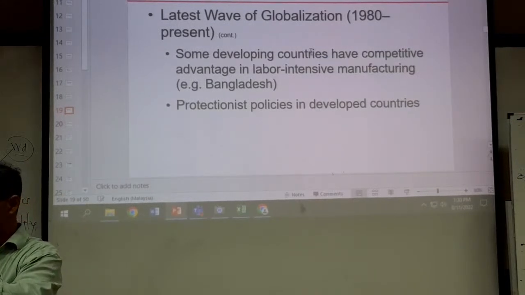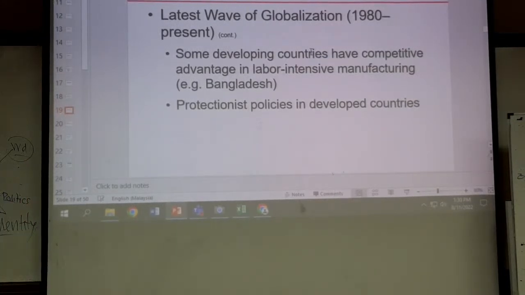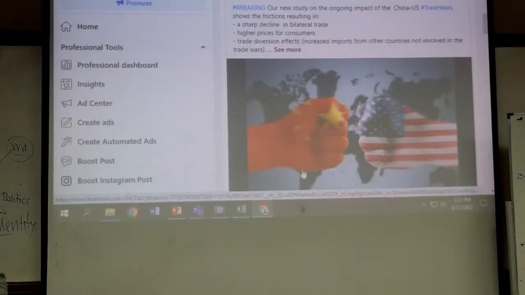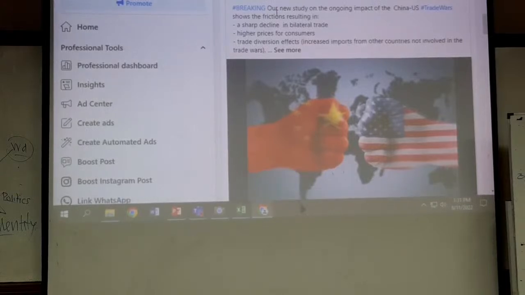So in the 1980s... Yes, this is a picture of today, 6 November 2019, last year, okay? If this picture was drawn in 1985, the picture on the left would be Japan fighting.